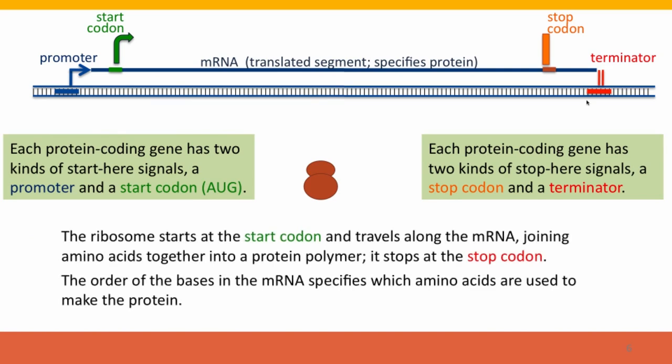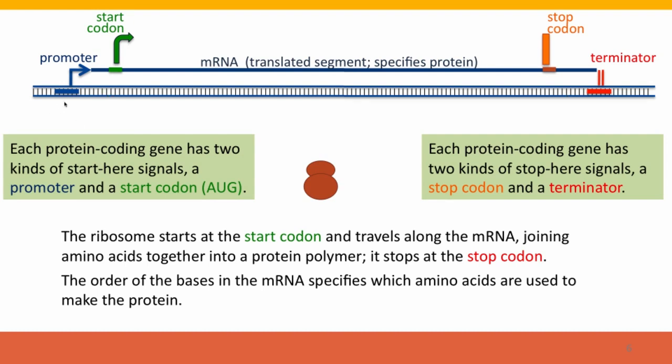Now let's add on to this process the signals that control protein synthesis. So now we have two more signals, another start signal, the start codon it's called, and another stop signal, the stop codon. So each protein coding gene has two start here signals.